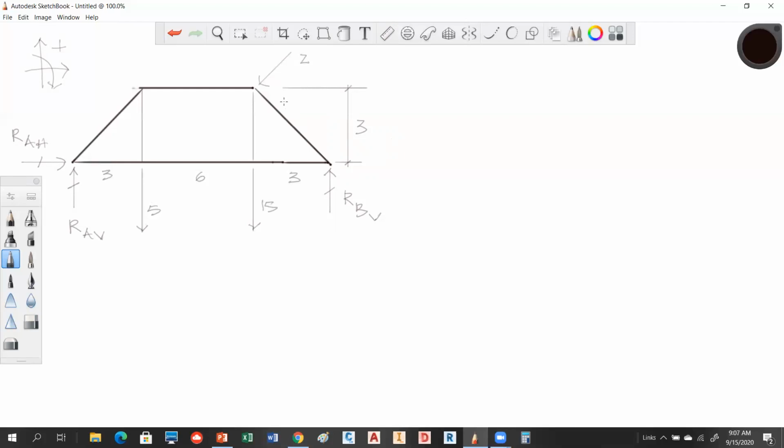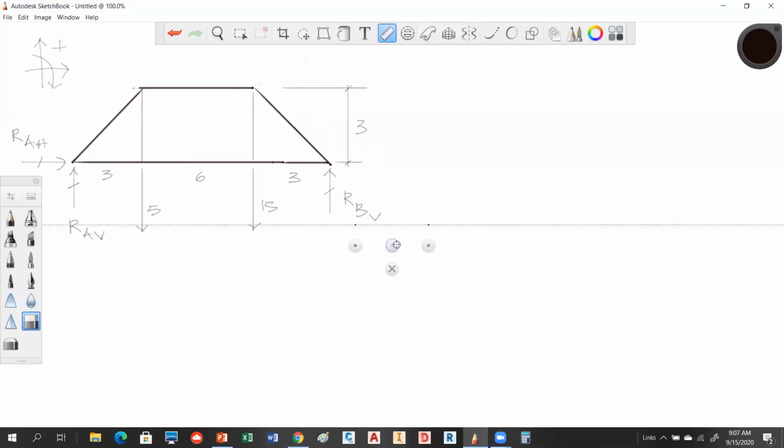We also have this vector here that's acting 2 kilonewtons, excuse me, at 45 degrees. So what do we want to do with this vector? You want to get rid of this, okay? You want to break it down into its components. And this is nice because it's 45. What that tells me is the horizontal component, which is acting this way, and the vertical component, which is acting this way, are going to be the same. So I'm going to go ahead and delete this, and I'm going to replace it with its 2 components.